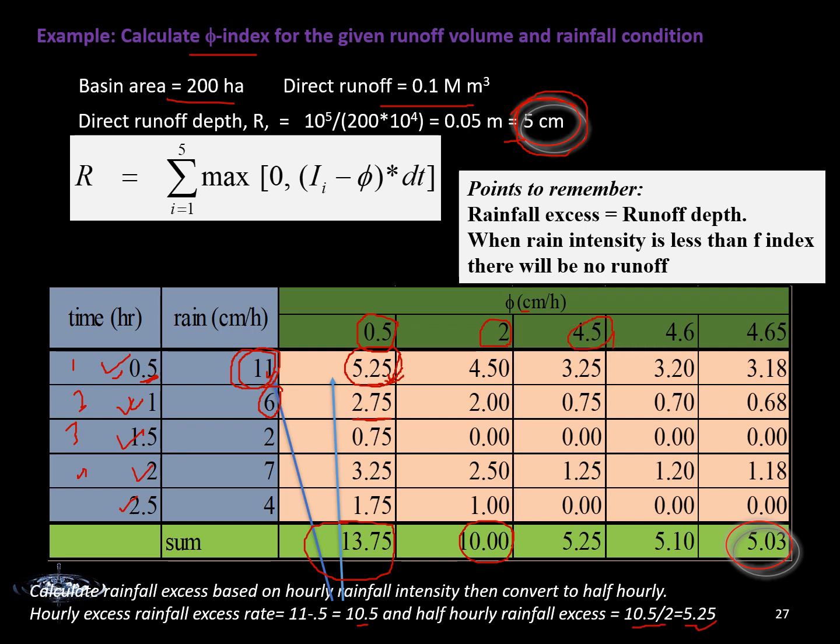Go to 4.5, it is nearly correct. Go to 4.6, close, and then 4.65, 5.03, which is very close to 5, and then we accept this is the right phi index. So phi index is 4.65. Okay, so this way we can calculate the phi index of that location.